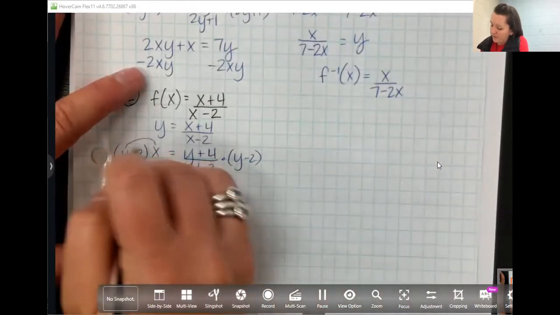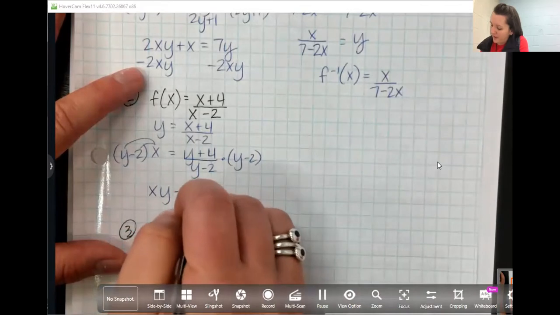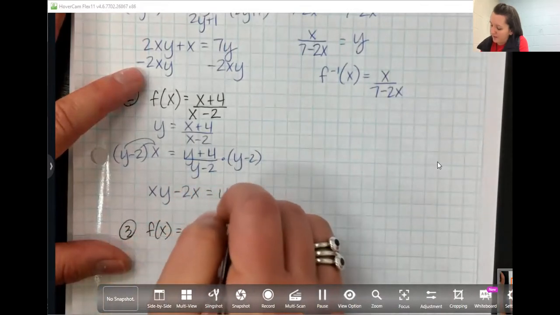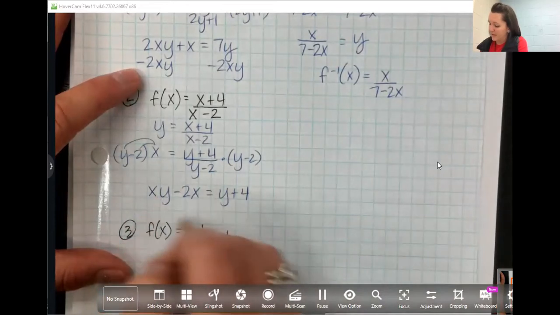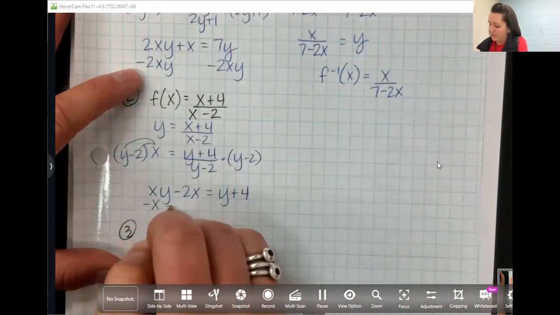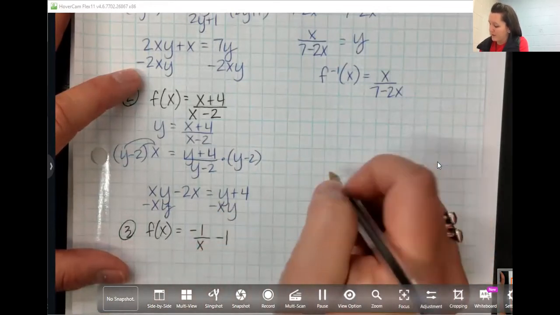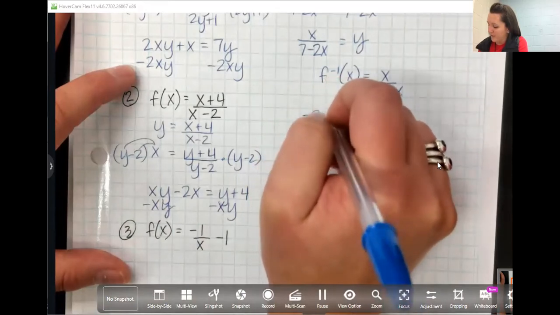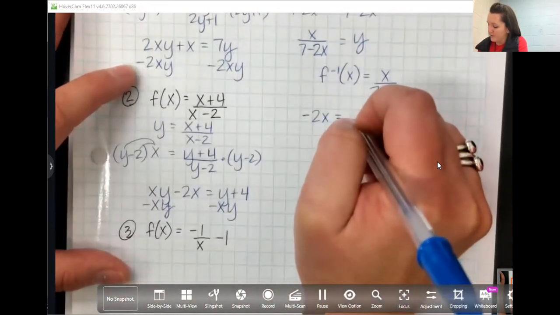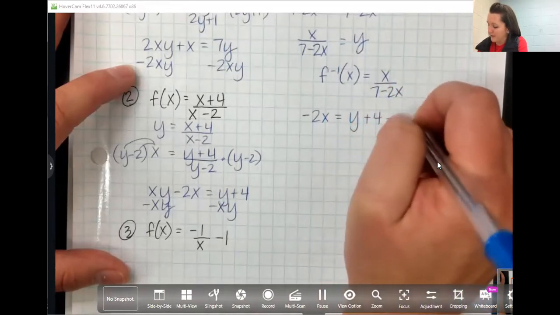I'm distributing my x here: xy minus 2x equals y plus 4. My next thing is I want to put my y's together. I'm going to subtract that xy. So we have negative 2x equals y plus 4 minus xy.